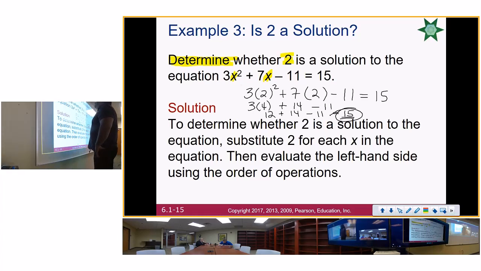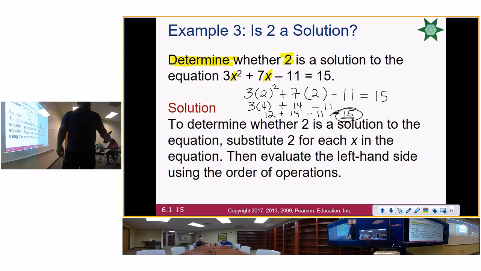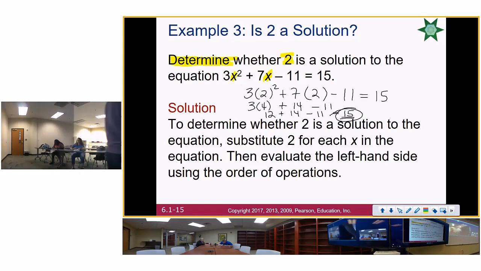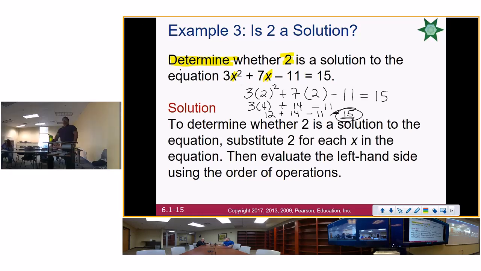So does it come out to be true? Yes. If it comes out to be true, then that number is a solution. If it comes out false, then it is not a solution. And 12 plus 14 is 26. 26 minus 11 is 15, and 15 is equal to 15.